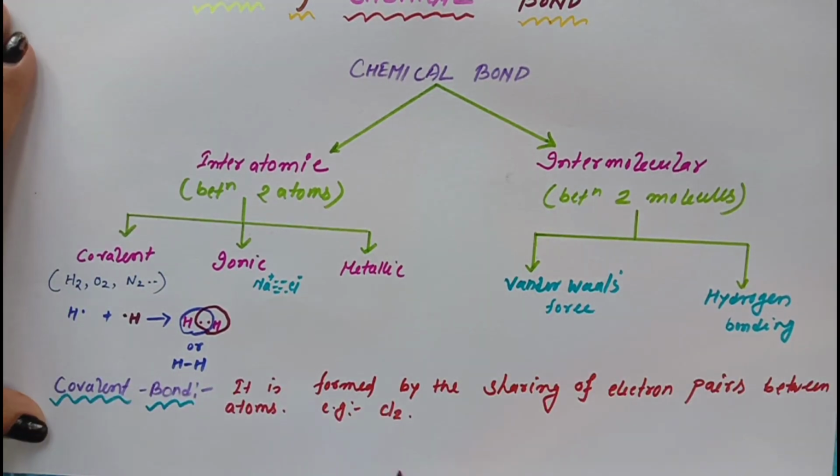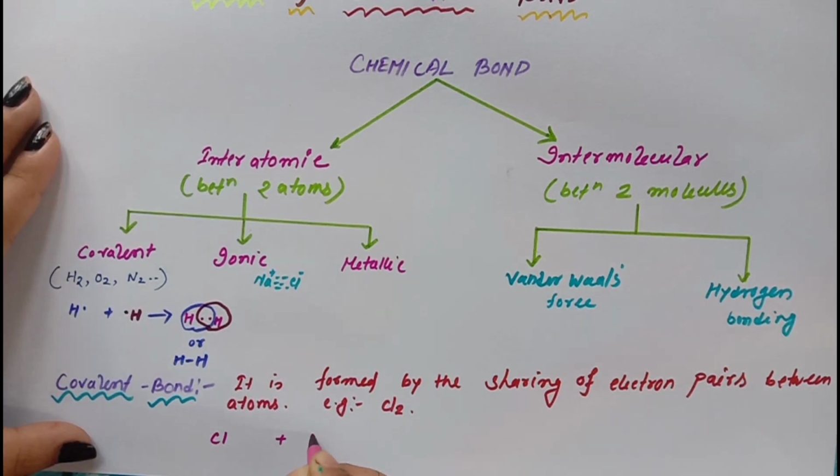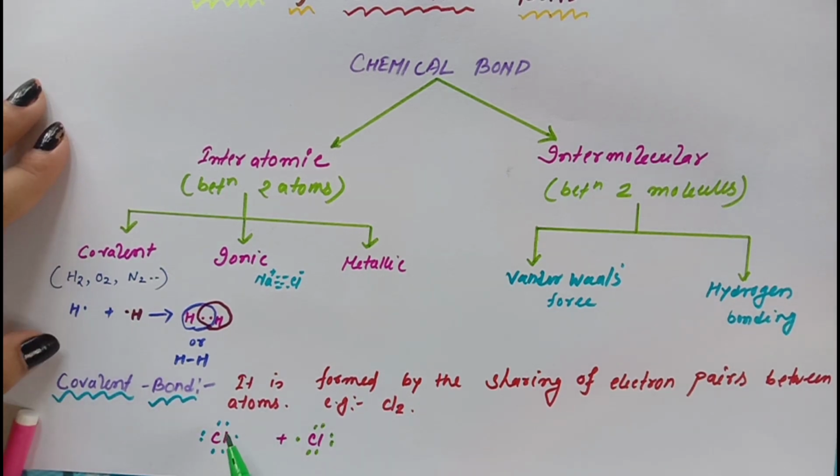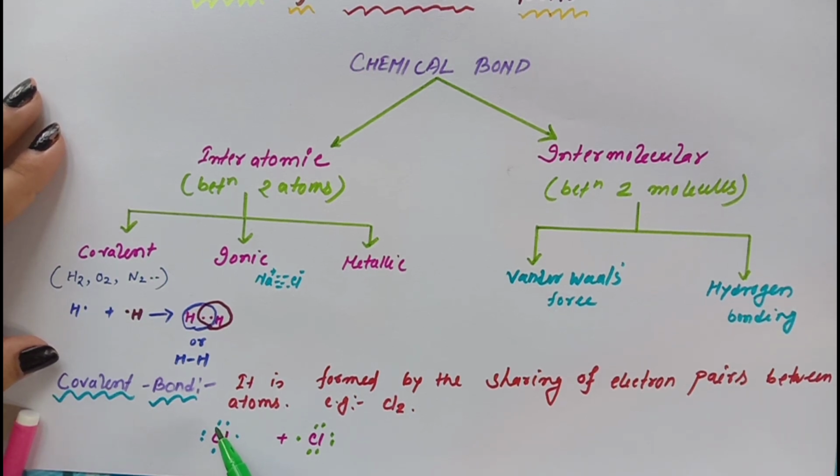So what is a covalent bond? It is formed by the sharing of electron pairs between atoms. I am taking the example of the chlorine molecule. These are the two chlorine atoms and we are placing the valence shell electrons by Lewis dot symbols.